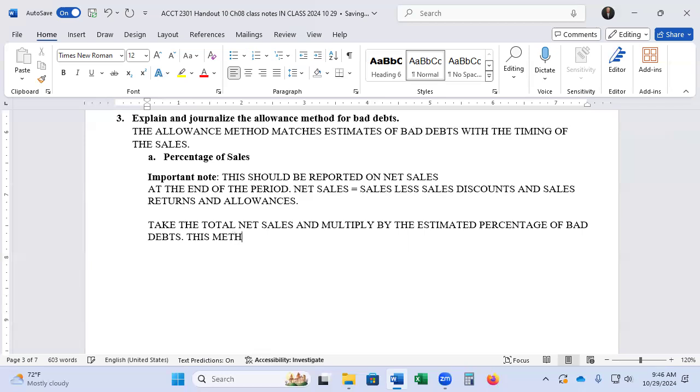And note that this method may use total net credit sales or total net sales.